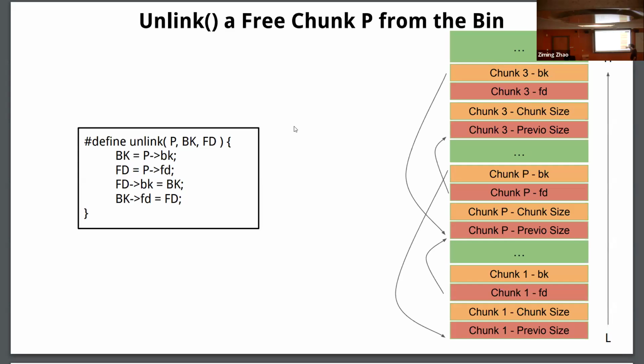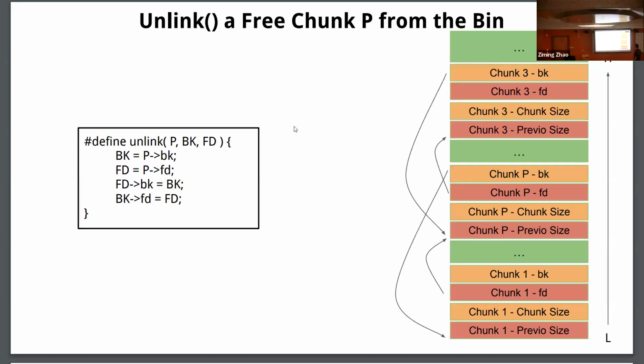Chunk 1's forward pointer points to chunk P. Chunk 1's backward pointer, in this case, we don't really care, so I didn't put it there. Then chunk P's forward pointer points to chunk 3, and chunk P's backward pointer points to chunk 1. In this case, we are pointing to the beginning of the chunk, not to the pointer.